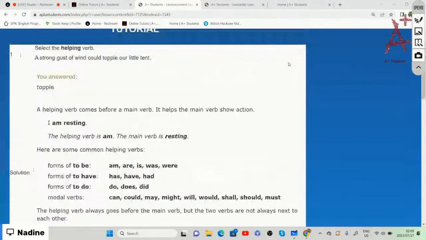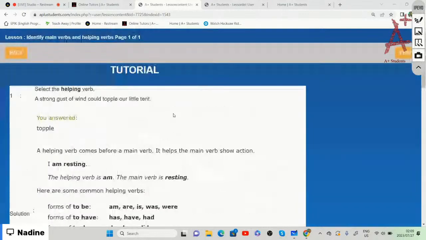All right. Now we need to select the helping verb within the sentence that is given. A strong gust of wind could topple our little tent. A strong gust of wind could topple our little tent.